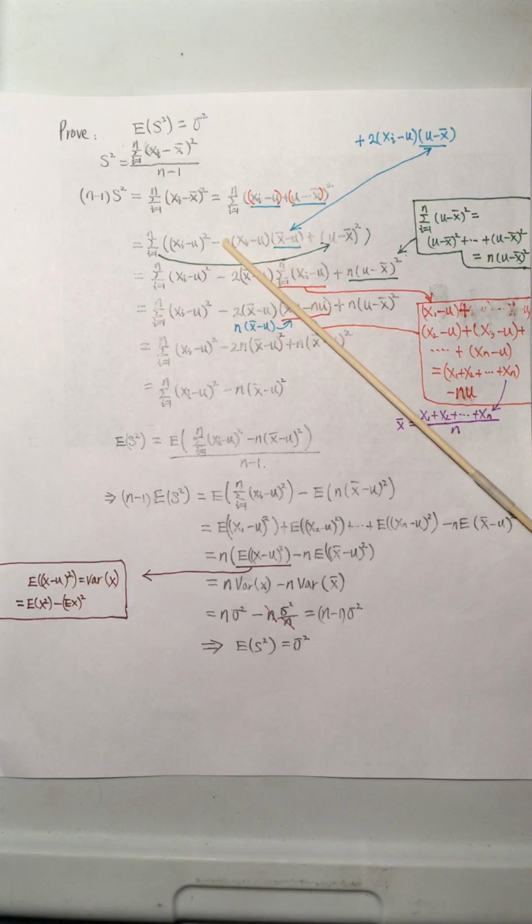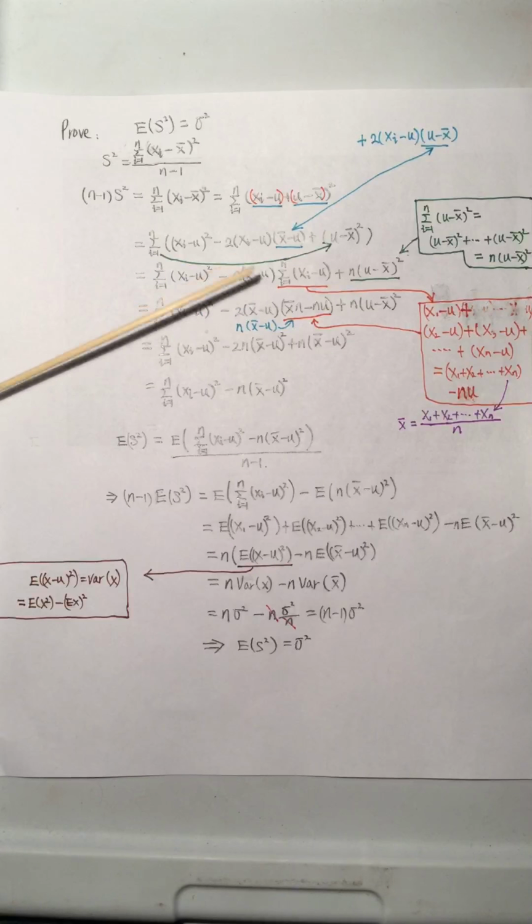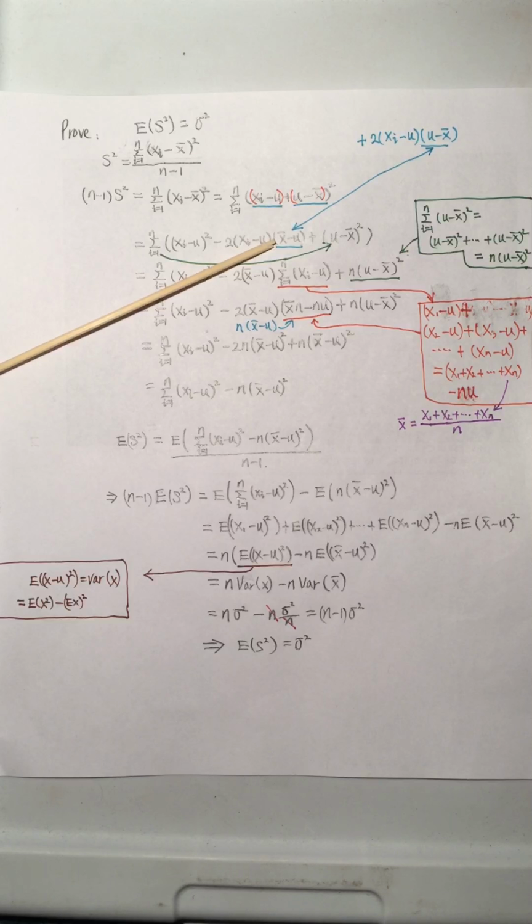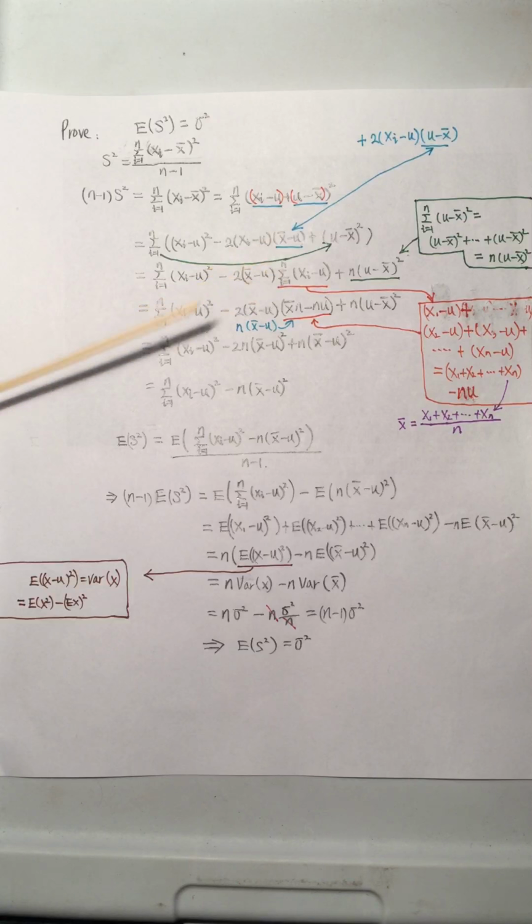That's why we get a negative 2. Now we could distribute the summation to the first term and to the second term. We are putting the summation in for this factor.